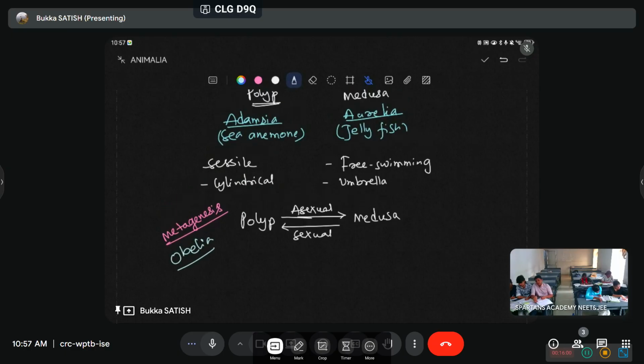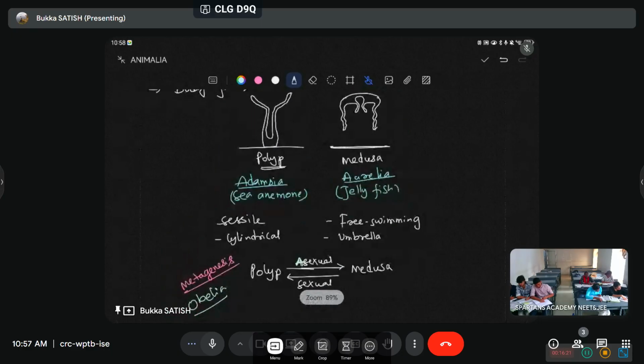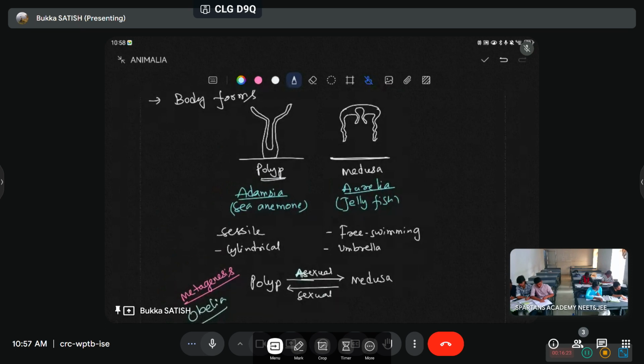Obelia is the one where you can see this metagenesis, where polyp is converting into medusa, medusa converts into polyp. But how it converts is important. Polyp will convert into medusa through asexual reproduction, whereas medusa is having the sexual reproduction. That's the differences. So write these differences between these two, and you'll be asked to identify which one is polyp, which one is medusa form.